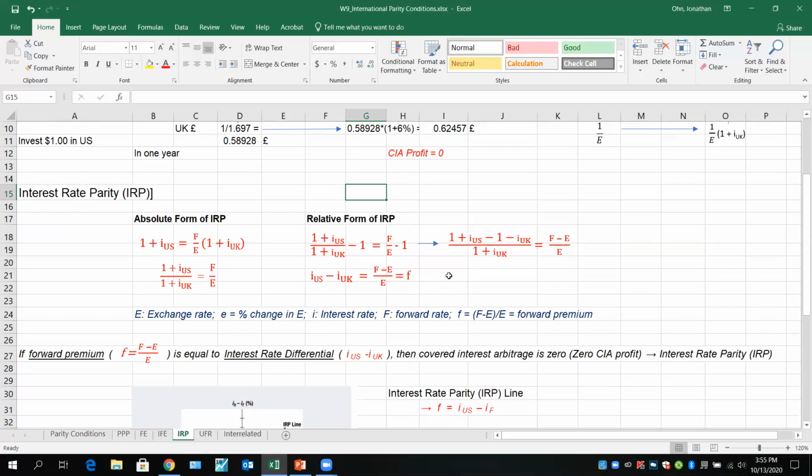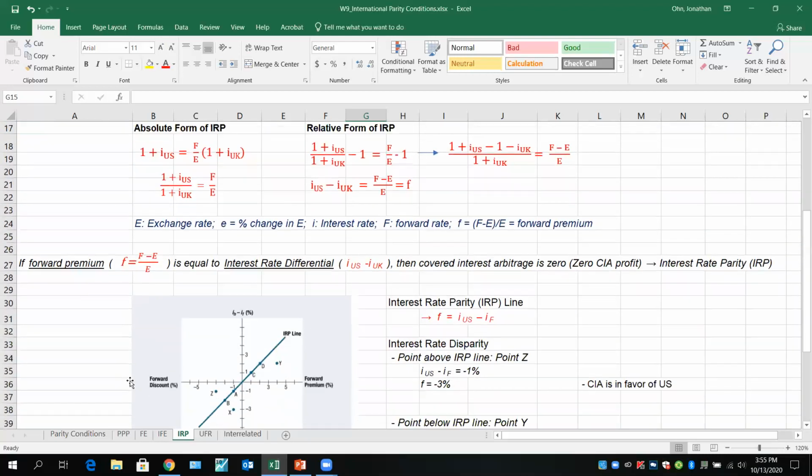Then this one is the relative form of interest rate parity. So if the forward premium is equal to the interest rate differential, then covered interest arbitrage is 0, and that leads to interest rate parity. That's another equilibrium condition in international finance.